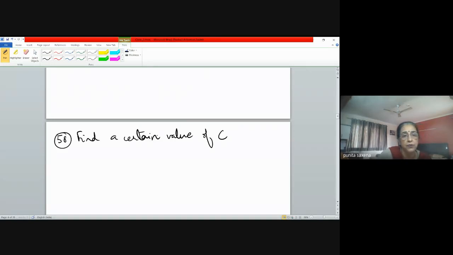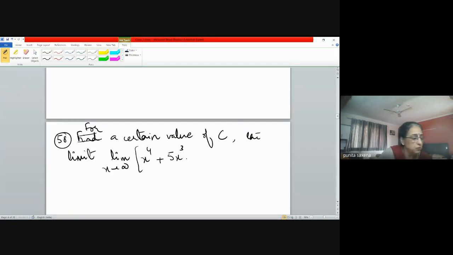It says, for a certain value of C, the limit, limit x tending to infinity, x to the power 4 plus 5x cube plus 3 to the power c minus x is finite and non-zero.